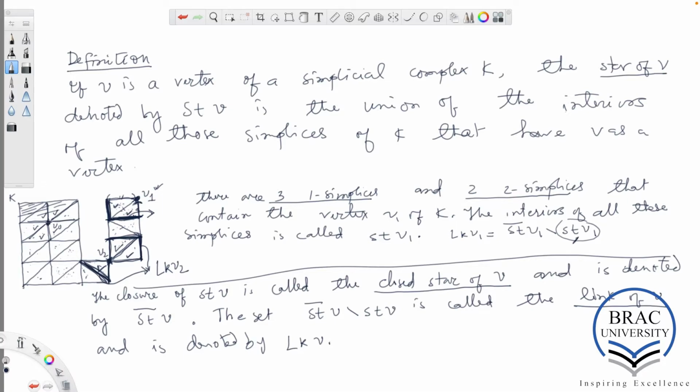So now if I try to form the link of V0, that is going to be this one-dimensional complex given by the union of these line segments.